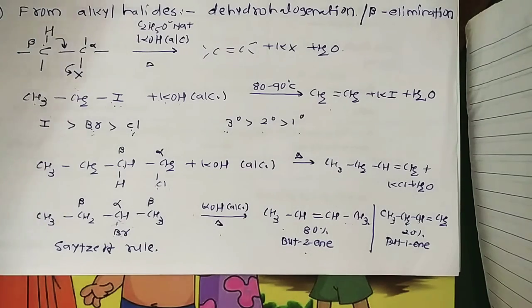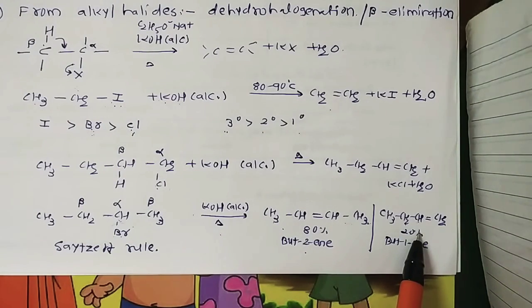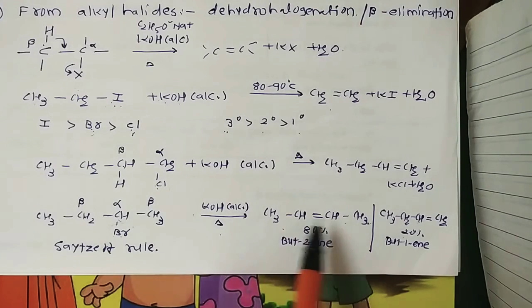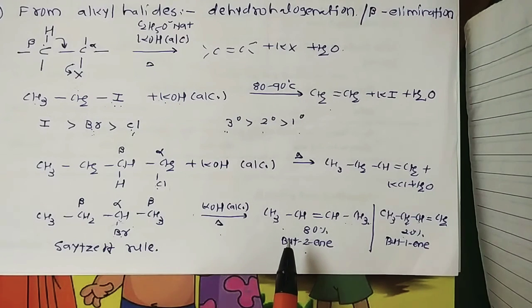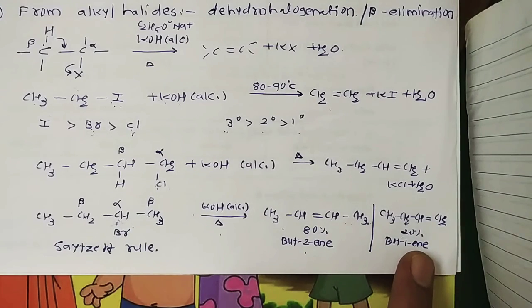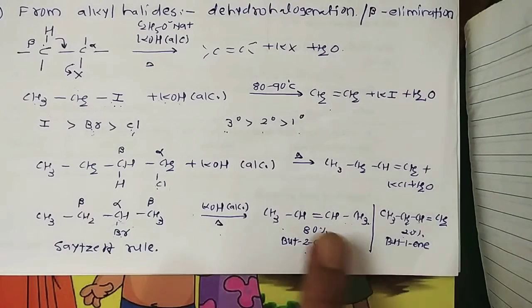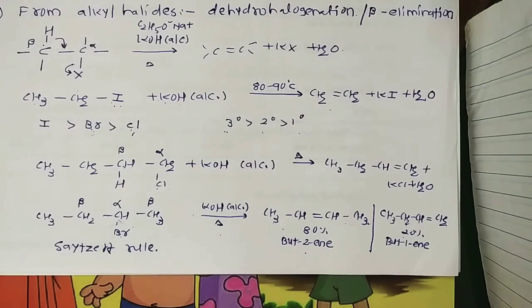In this case, Saytzeff suggests that whenever two alkenes are theoretically possible during a dehydrohalogenation reaction, it is always the more highly substituted alkene, having fewer hydrogen atoms on the double bond, which is predominant. So here it's the major product and the other is the minor product. This is all about the Saytzeff rule.